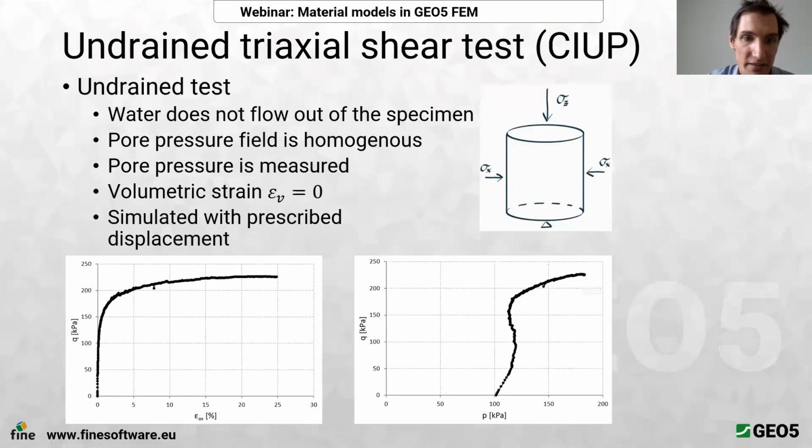And then we have this undrained triaxial shear test, which is sometimes abbreviated as CIUP, which means isotropically consolidated, undrained with pore pressure measurement. Again, from this test, we get some results.